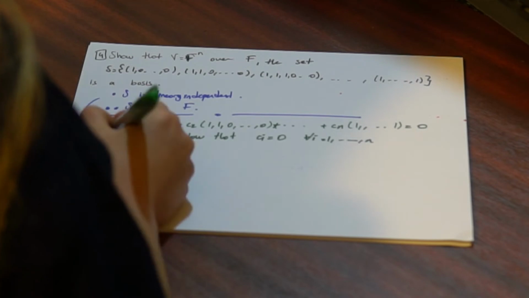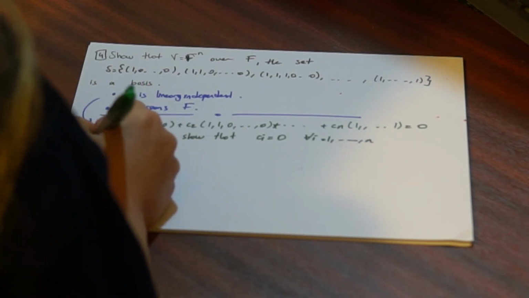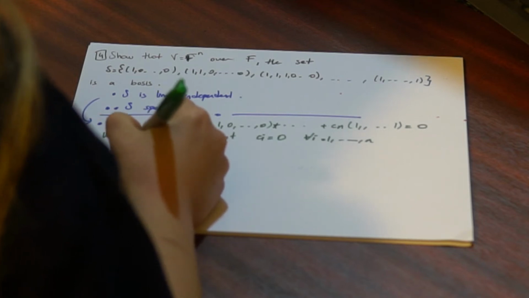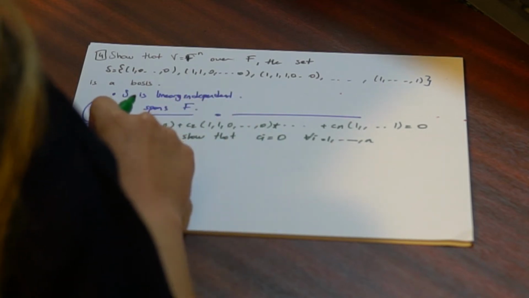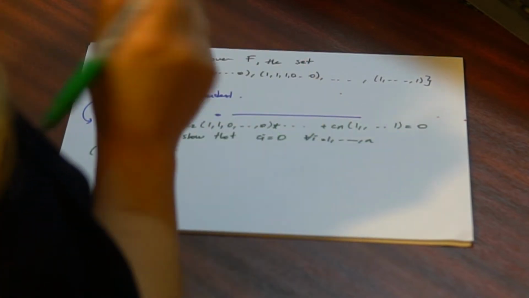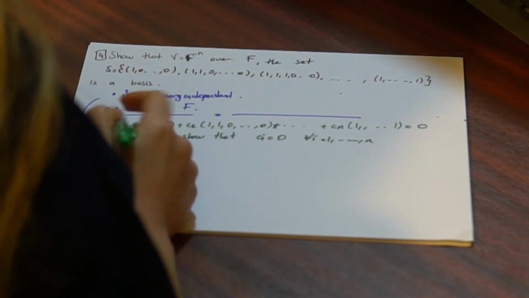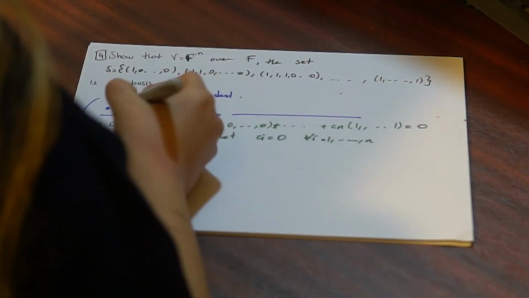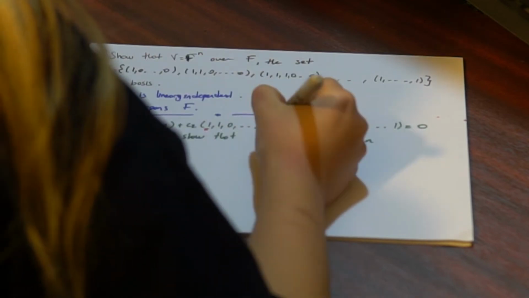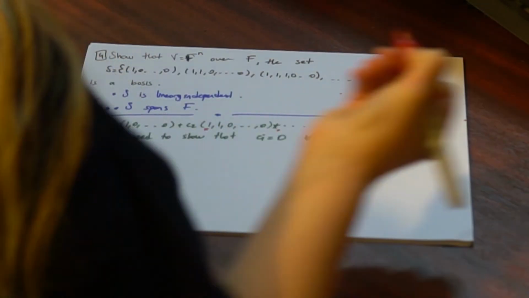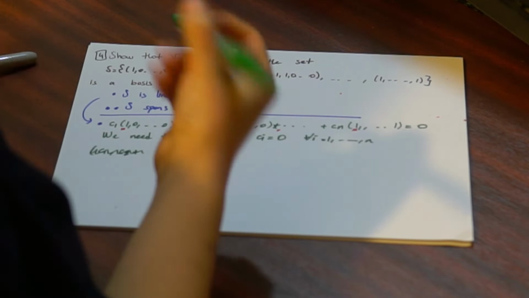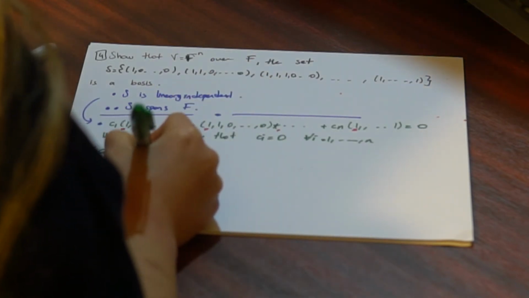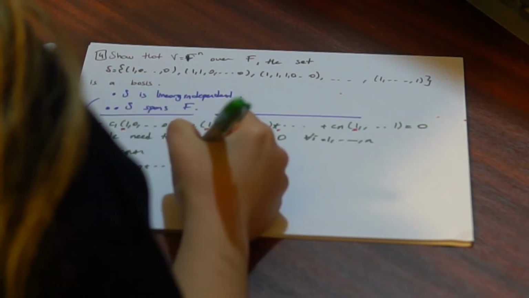Now let's look at this one. So we will have C1 in the first component. Sorry, this is wrong. At the first component we have C1, C2, C3 till Cn. So at the first component we will have C1 plus C2 plus C3 plus Cn.